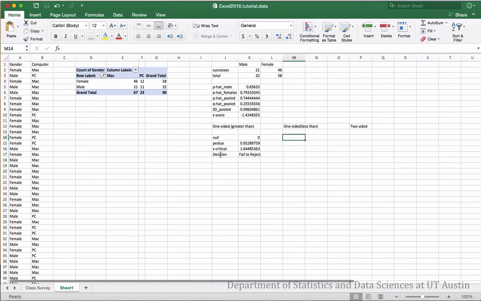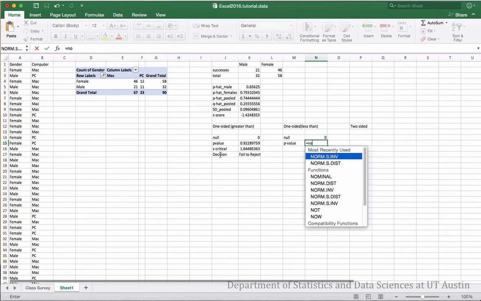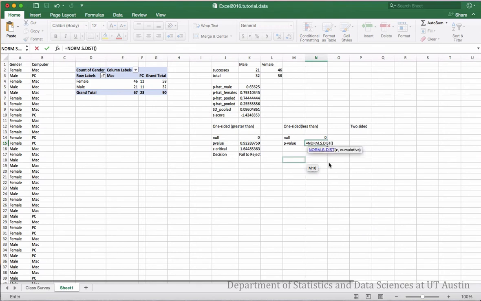Here, for a one-sided test less than, again, the null hypothesis is we're always going to assume no difference. So the proportion of Mac users for males is the same as the proportion of Mac users for females. Our p-value is going to be calculated very similarly. We're going to use the NORM.S.DIST function again, the standard normal distribution. My z-score does not change, and I'm going to comma TRUE.